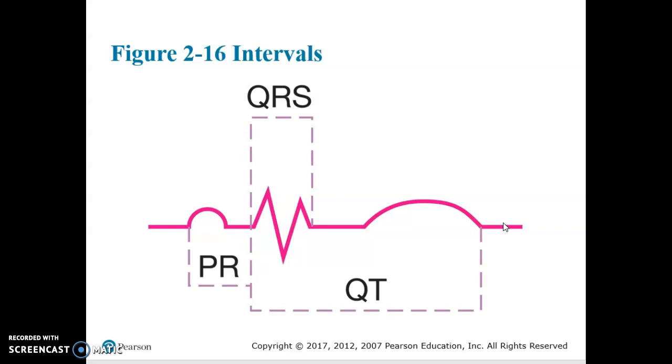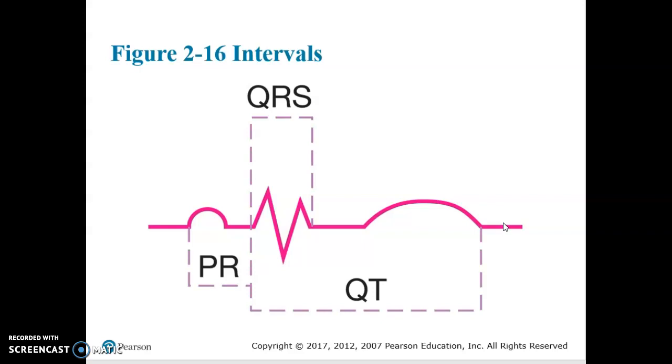But again, to determine if the QT is prolonged, we're going to draw a line midway between the QRS complexes. And if the T wave ends at or before this line, then the QT is normal. If it ends after, then that can be lethal. And we'll go over that further if we need to.